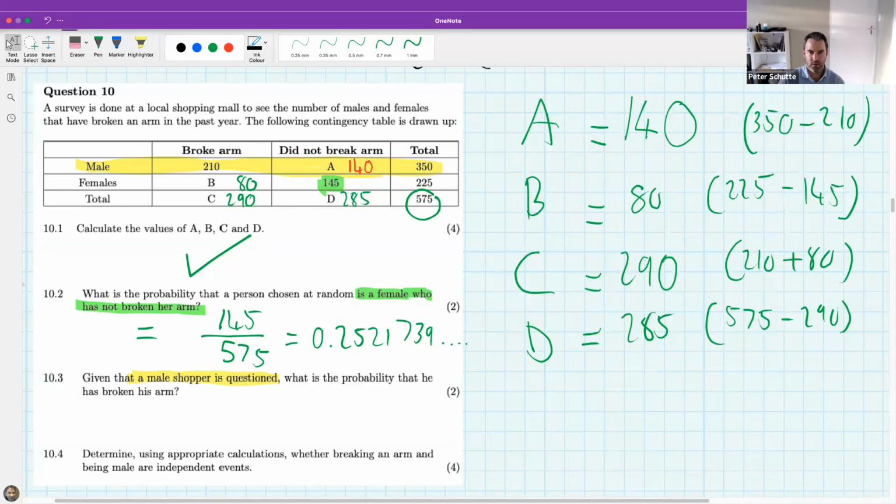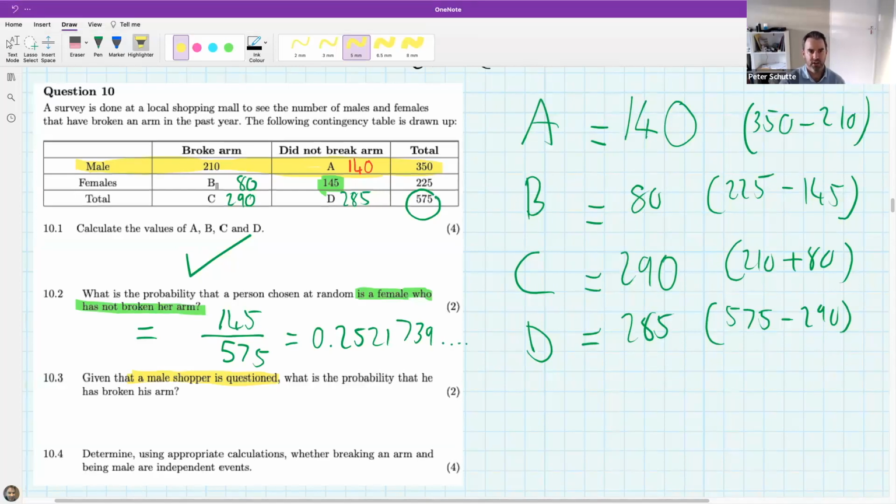So think about how many people we are actually considering if we know that we're speaking to all the male shoppers?